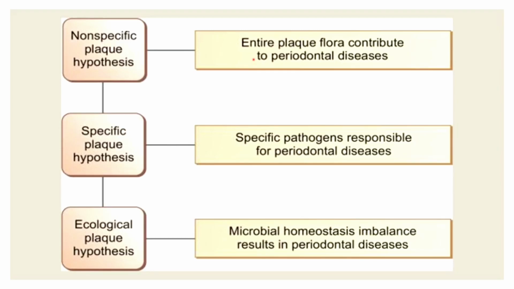It states that the entire plaque flora contributes to periodontal disease. The specific plaque hypothesis states that specific pathogens are responsible for periodontal diseases. The ecological plaque hypothesis states that microbial homeostasis imbalance results in periodontal disease. So let's see each one in detail.